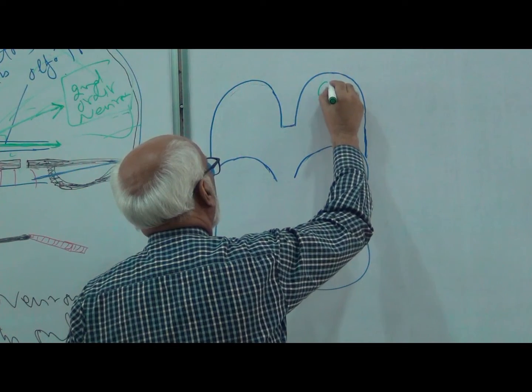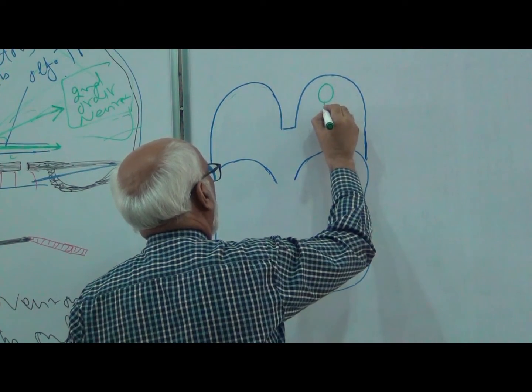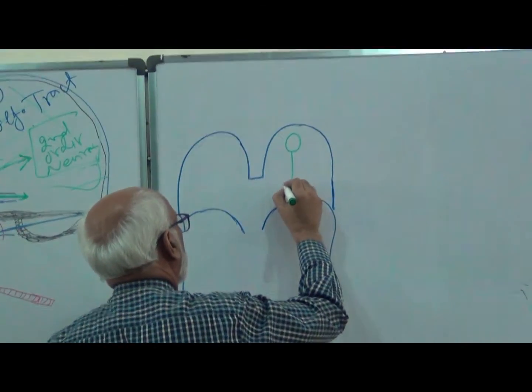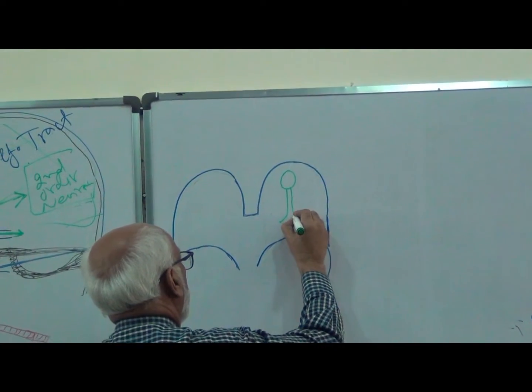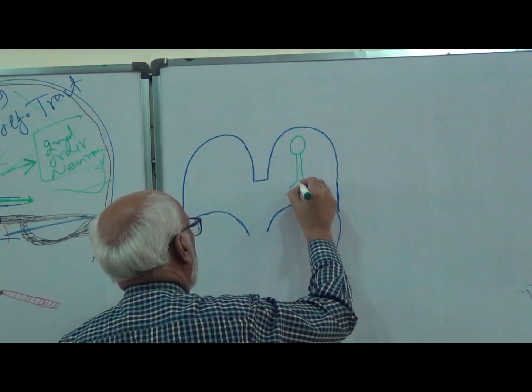Olfactory bulb, followed by the olfactory tract, which divides into striae or roots.